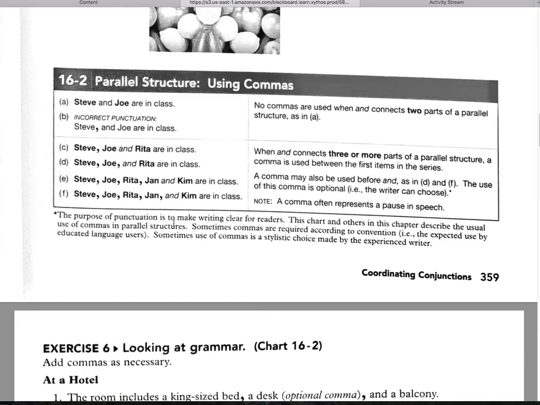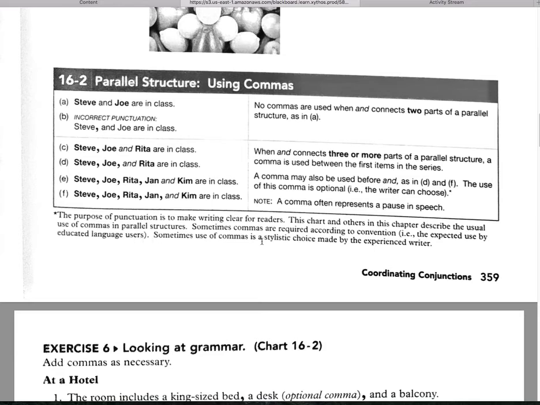The purpose of parallel structure is to make writing clear for readers. This chart and others in this chapter describe the usual use of commas in parallel structures. Sometimes commas are required according to convention. Example, the expected use by educated language users.